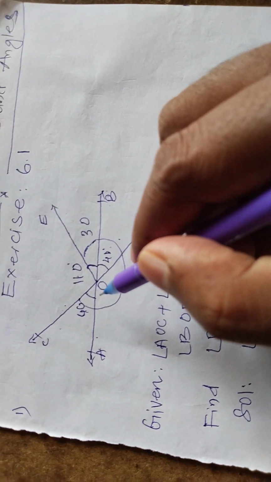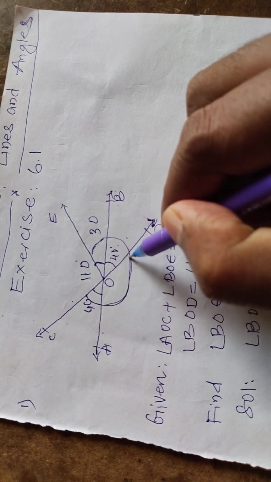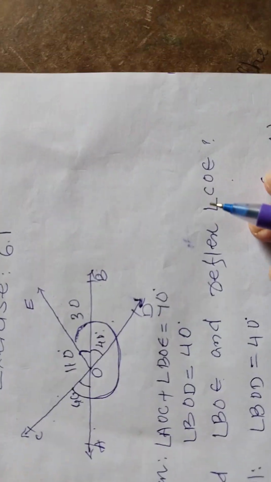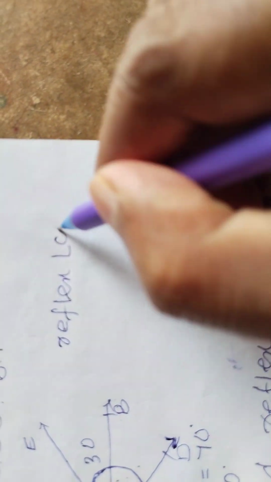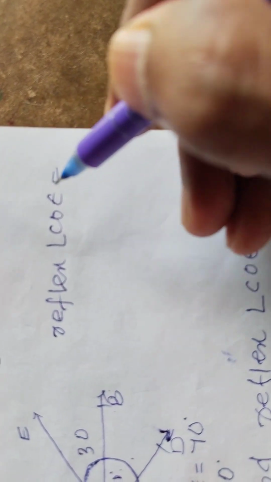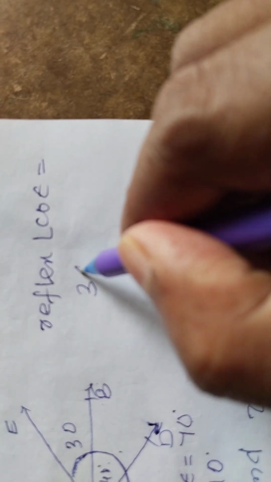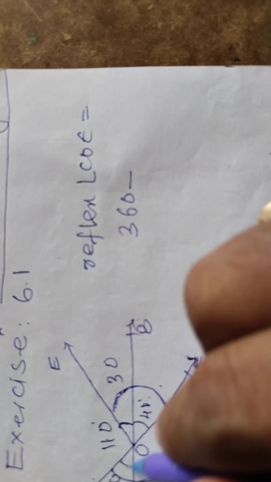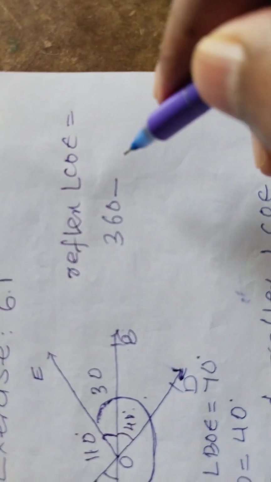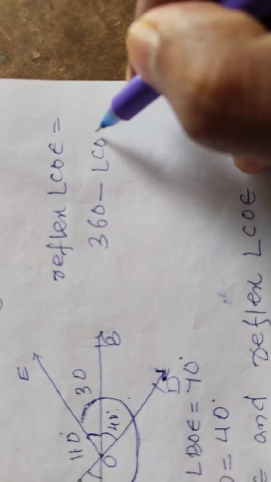Now what are we supposed to do? We have to find reflex COE. Reflex angle COE is equal to 360, the total angle, minus this angle COE.